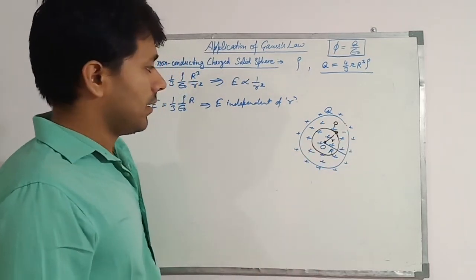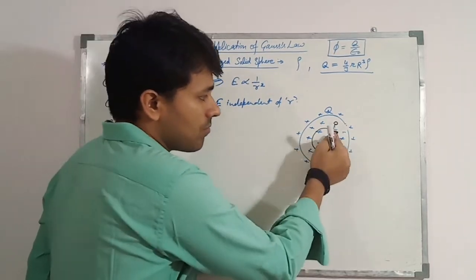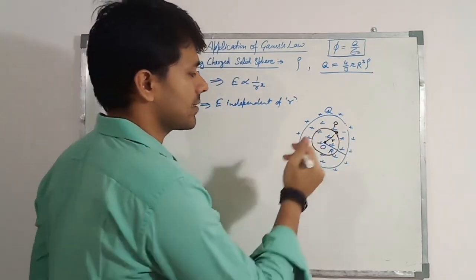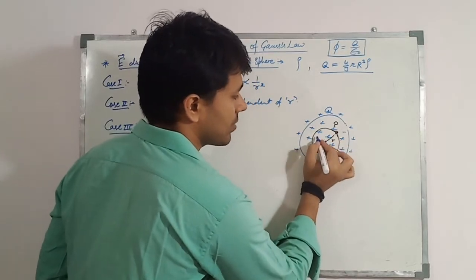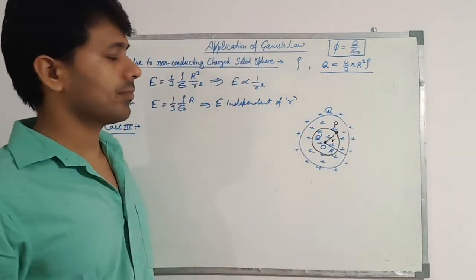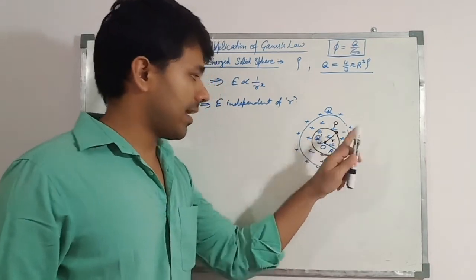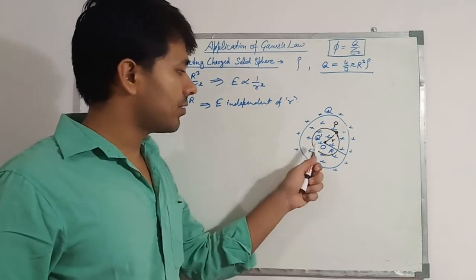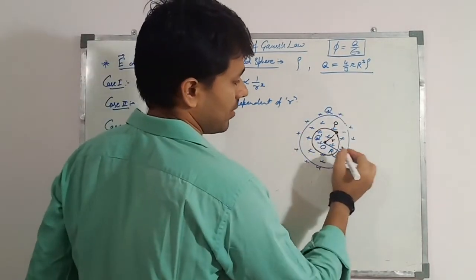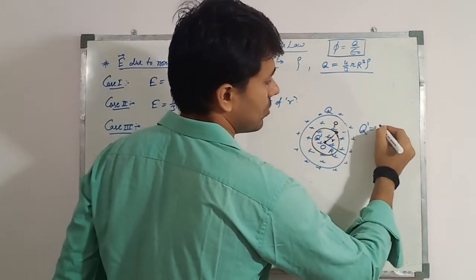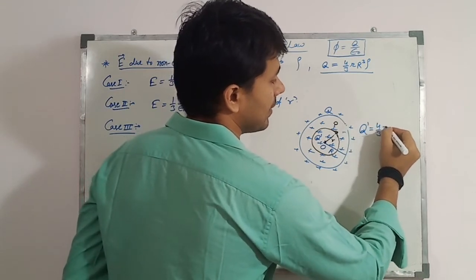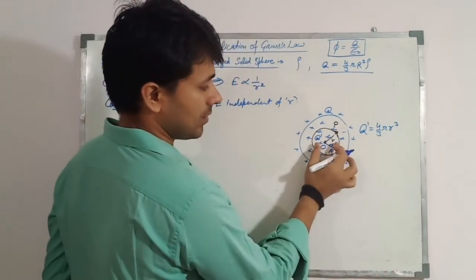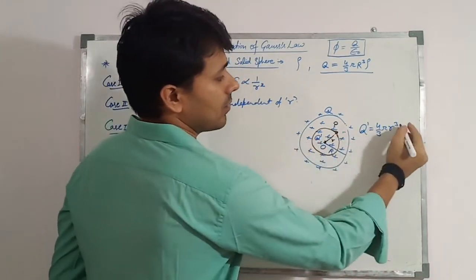Right? Now, how much charge is enclosed by this Gaussian surface? We don't know. So, let's say the charge enclosed by this Gaussian surface is Q dash. And rho is the volume charge density, meaning Q dash is equal to 4 by 3 pi r cube, the charge in this volume, into rho.